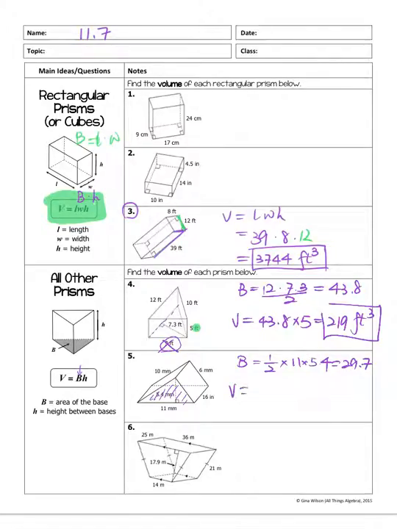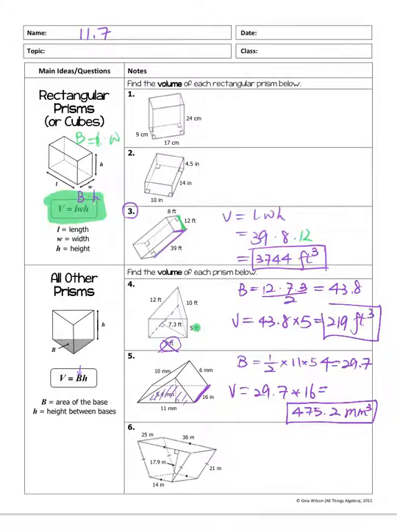And then the volume is simply the base, 29.7, multiplied by the height, which is right here at 16. And that should give you 475.2 cubic millimeters.